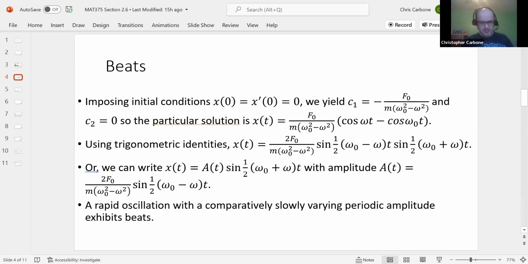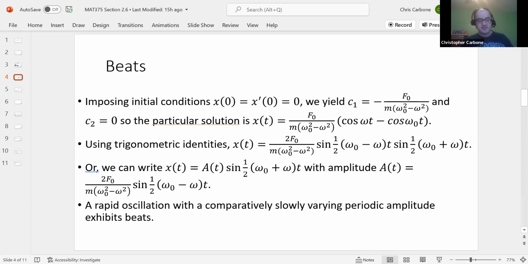From those trigonometric identities, x of t would be 2 times f sub 0 divided by m times omega sub 0 squared minus omega squared times the sine of a half times omega sub 0 minus omega t times the sine of 1/2 times omega sub 0 plus omega times t.